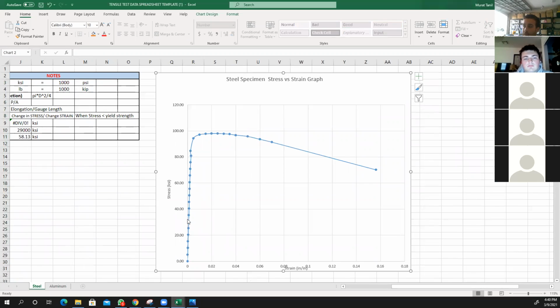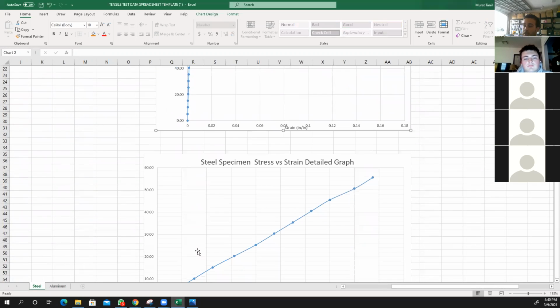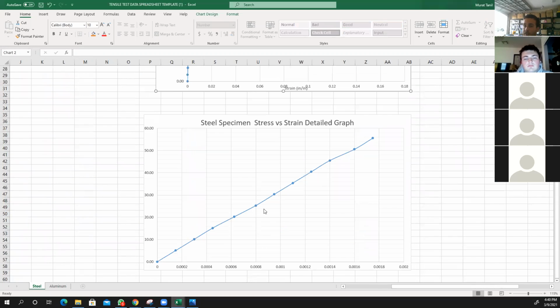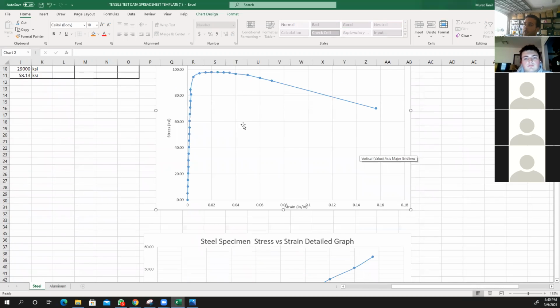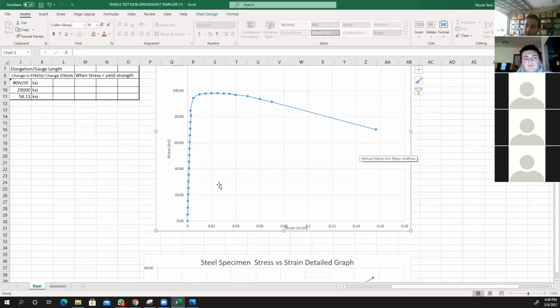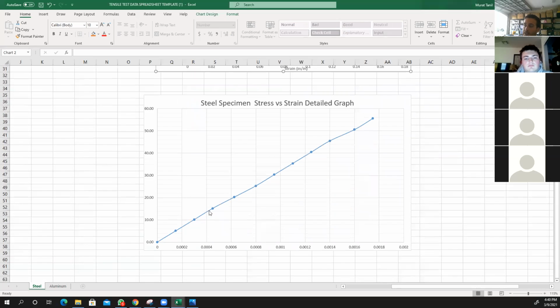It's pretty linear, but when you look at the zoomed-in version, there are small changes on this linear portion of the graph. That's why we had to use the 0.2% offset method to determine the yield strength. Once we determine the yield strength, the slope of this line is going to give you the modulus of elasticity.